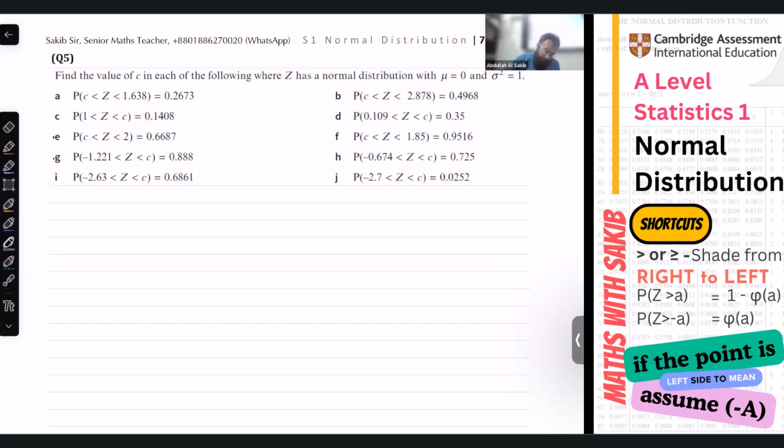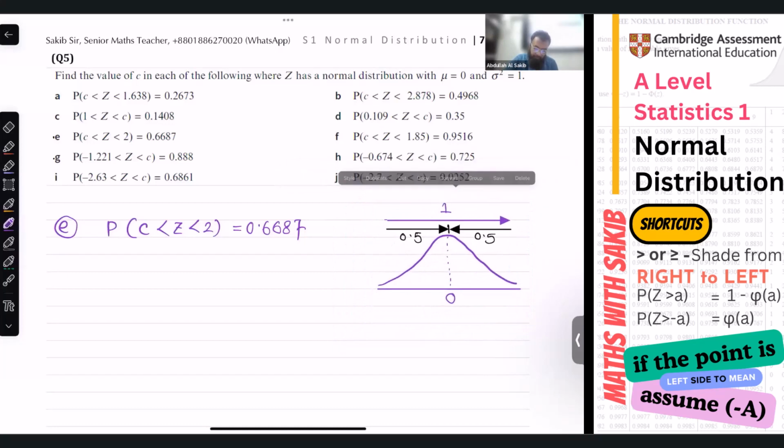So let's do number E. Probability of C less than Z less than 2, and that is 0.6687. So from C to 2, 66.87%. What is our 2?